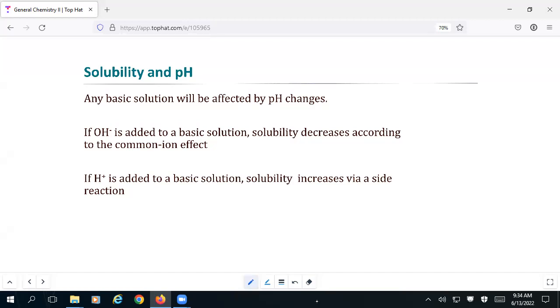But similarly, if I lower that pH, if I introduce that hydrogen ion, it's going to react with those hydroxides. Le Chatelier's principle is going to push the reaction to the products, and we're going to get more solubility as a result.